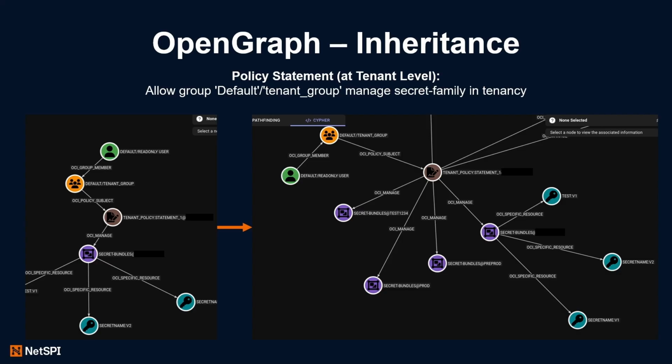So this is actually missing a lot of permissions, because in tenancy means your current compartment and all child compartments in that tenant. So if this is attached at the tenant level, we don't just have manage permissions over secret bundles at the tenant level. We actually have manage permissions over secret bundles at the tenant level and at all the child compartments.